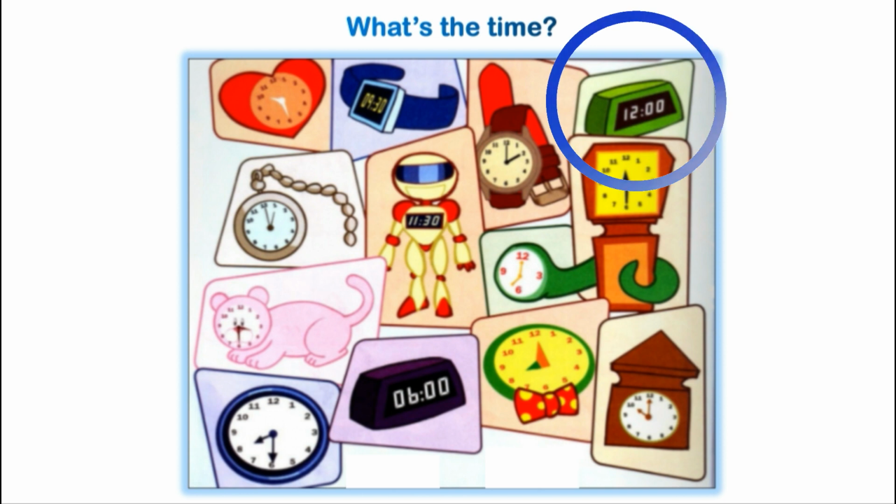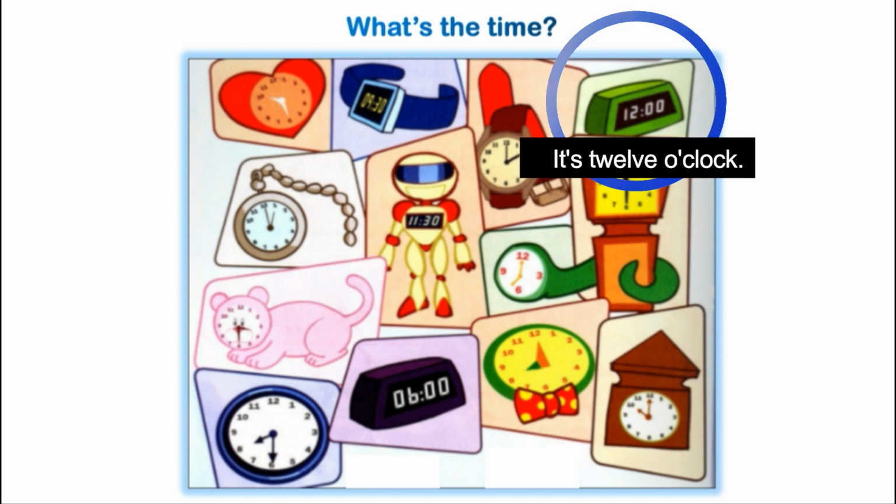It shows 12 in the hours and 00 represents the minutes. So, how are we going to read this digital clock? Yes, it is 12 o'clock.